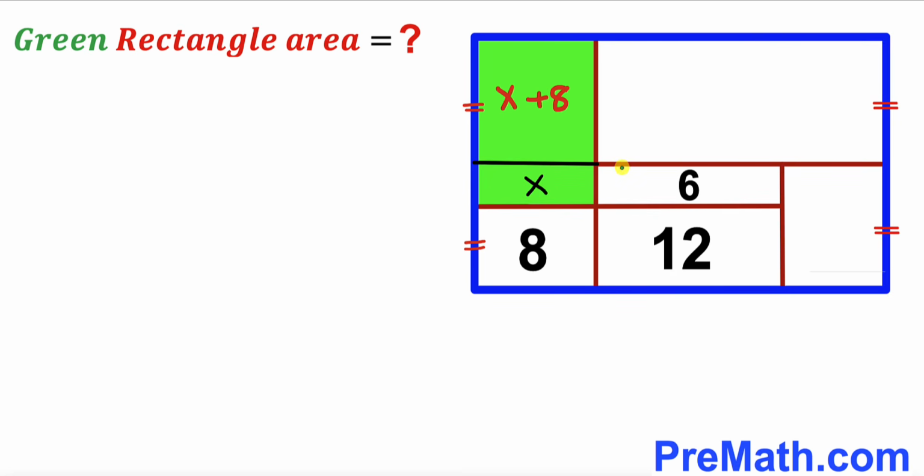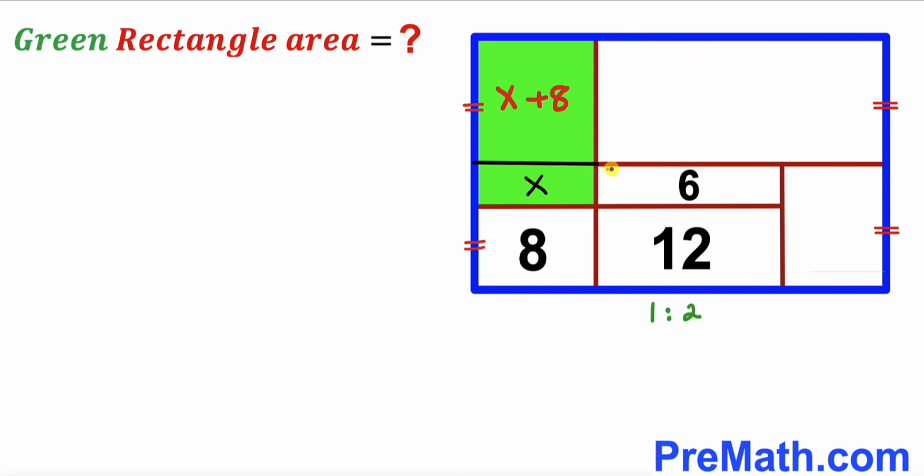Now let's focus on these 2 rectangles. Both of them have the same width, as you can see. Furthermore, the area of this rectangle is twice the area of this rectangle. In other words, the area ratio of these rectangles is 1 to 2.